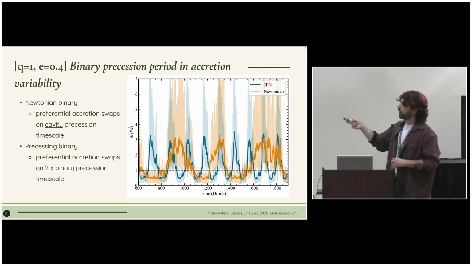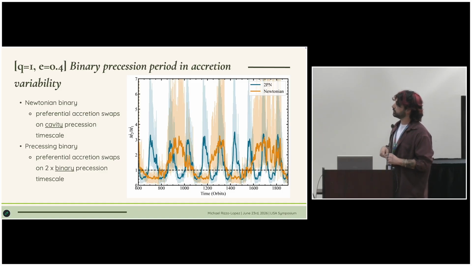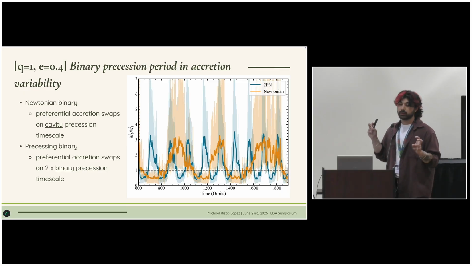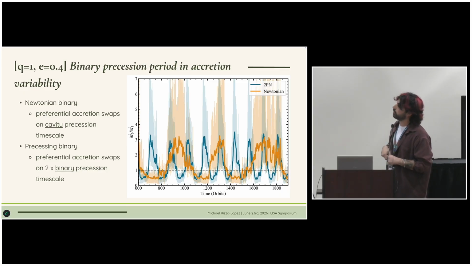So on the right-hand side of this plot, I've got the accretion ratio of M2 to M1. In an equal mass binary it's the same thing, but it just helps us to see how this evolution changes as a function of time, in number of Keplerian orbits on the x-axis. First thing that we see for our Newtonian binary is that there is a swapping of the preferential accretion.